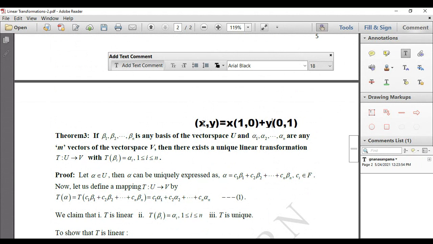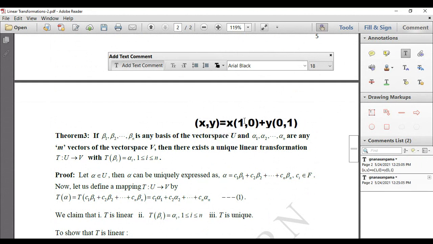So we have generated every element of R2 using the vectors (1, 0), which is a constant, and (0, 1), which is also a constant. In fact, these two are unit vectors. This is the unit vector along the x-axis, and this is the unit vector along the y-axis. So using these two vectors, we have generated every element of R2.